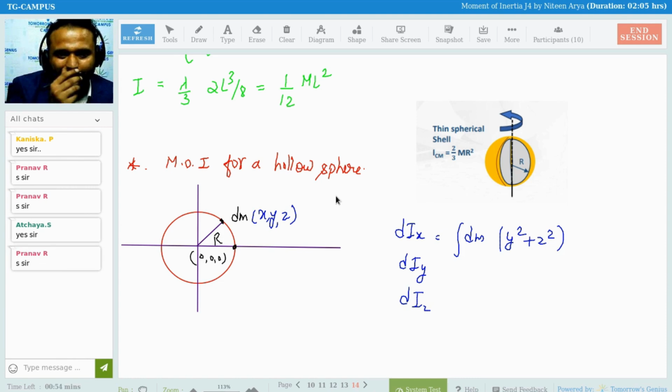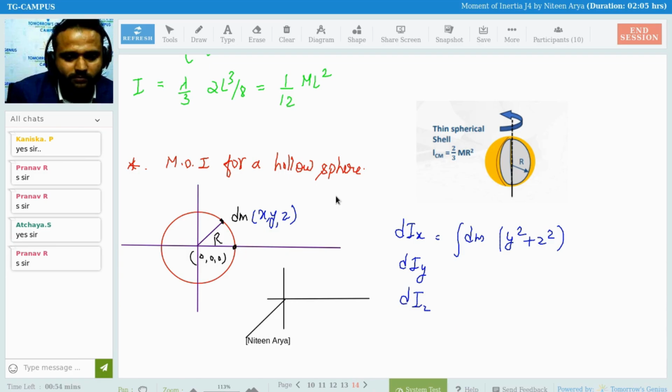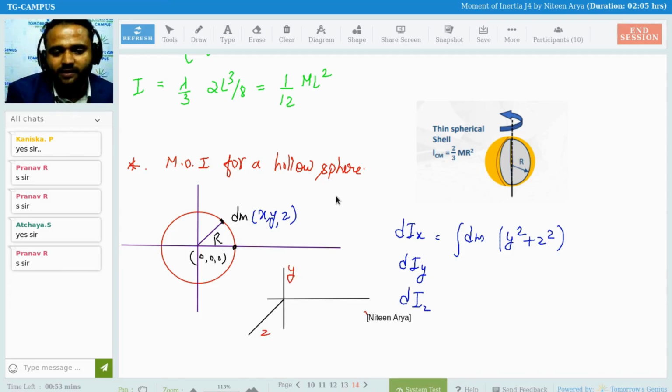X, Y, Z, clear? So we have this, and we have this thing also. This is my X, Y, Z system. Is this clear, everyone? This is my Y, this is my Z, and this is my X.